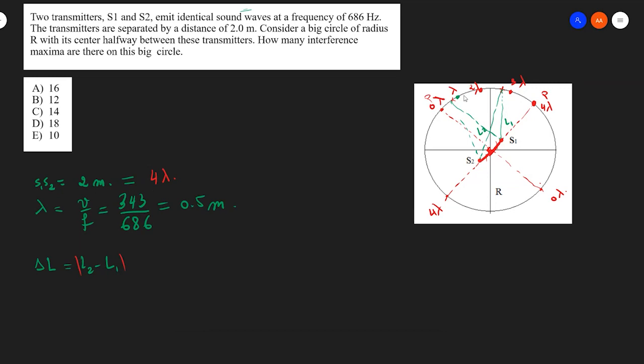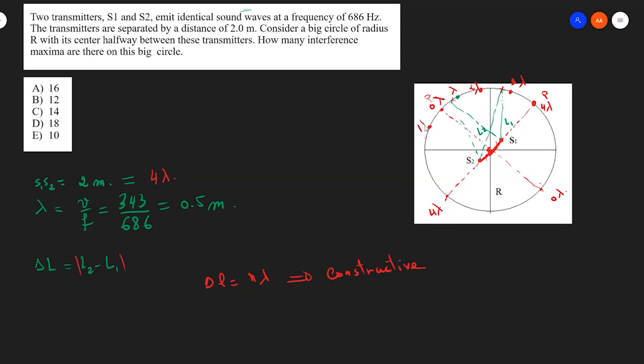What's the characteristic of these points? They are integers multiplied by lambda. When the difference delta L is equal to n lambda, this is constructive interference. So here I have all these points. The same thing if I go this way from 0 to 4 lambda: the difference between the distance to S1 and the distance to S2 will increase from 0 to 4.